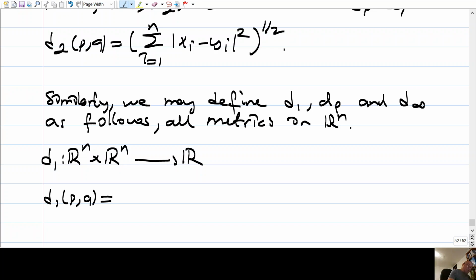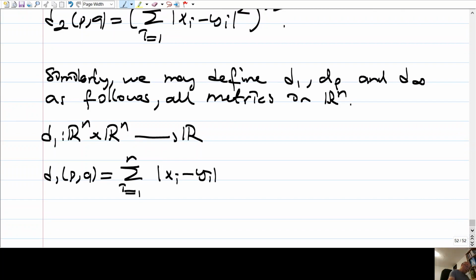So D1 is just this: the sum over i from 1 to n of the absolute value of xi minus yi, to the first power and then the first root. D2 is that expression.